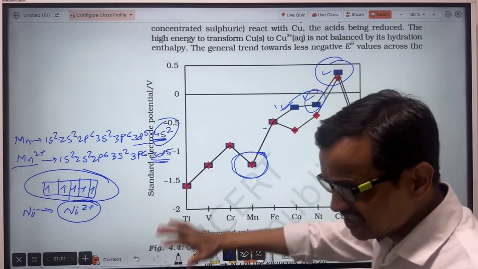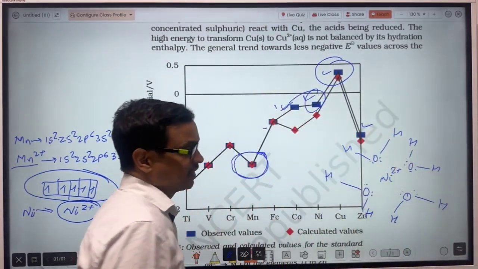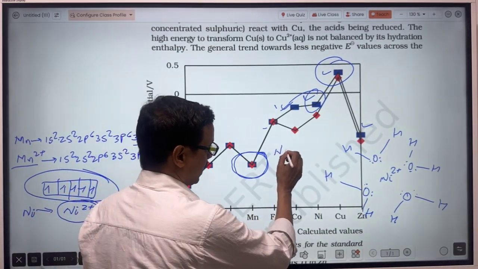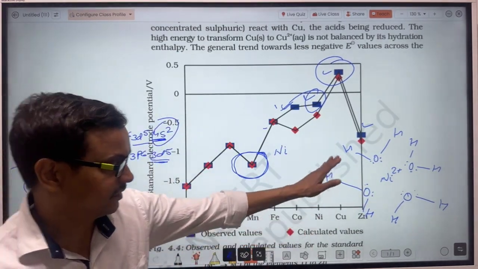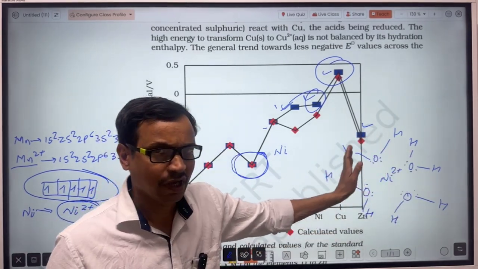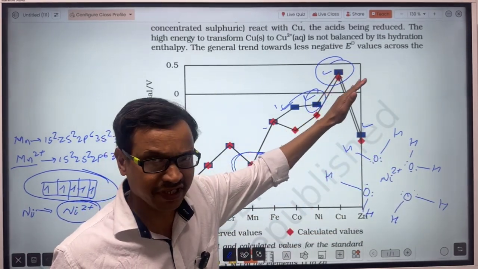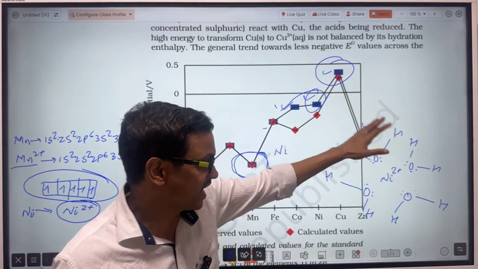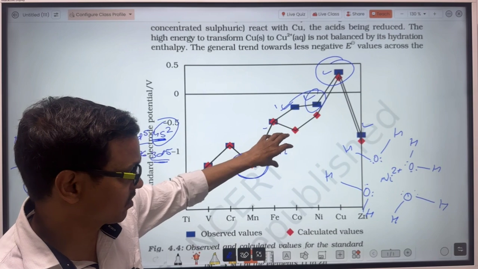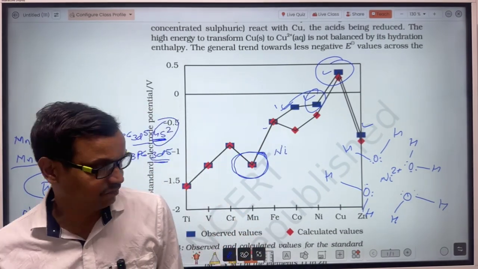This released heat energy will cause the release of an electron from another nickel atom.